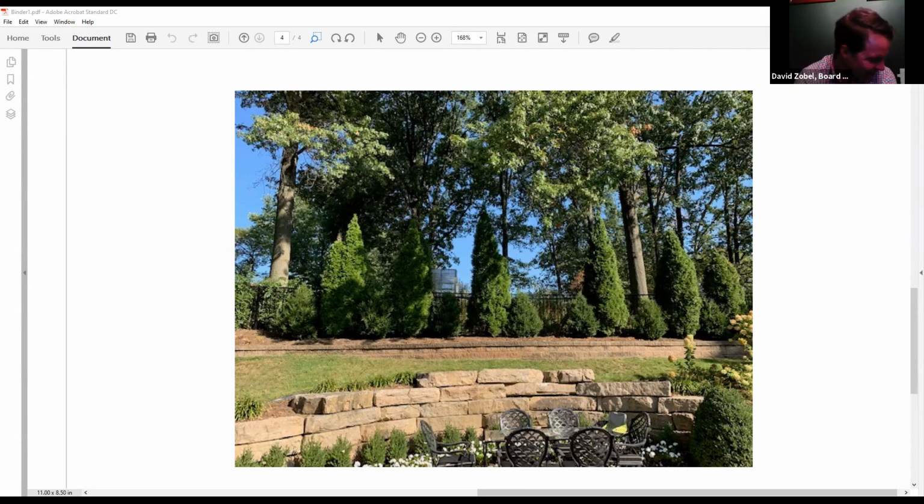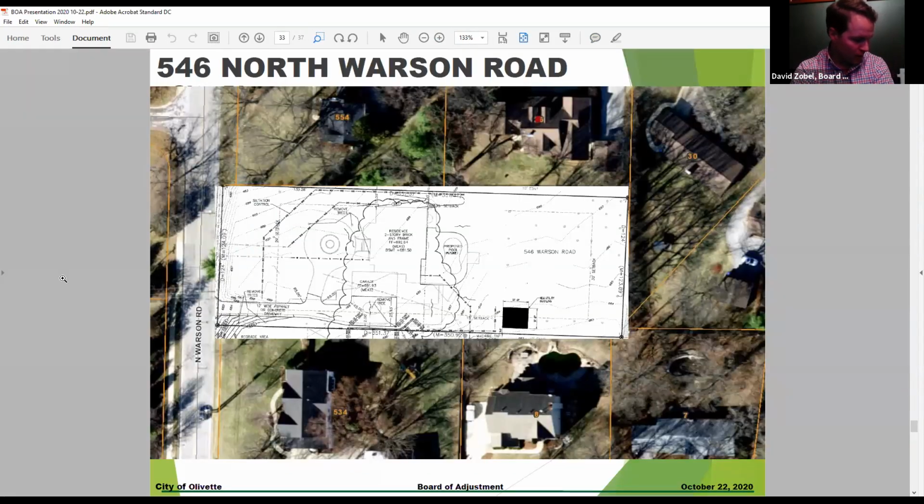Fair enough. I see some positions on both sides. I think that if they just move the structure in a number of feet, I guess it's 10 feet, they're not obligated to put any sort of vegetation.